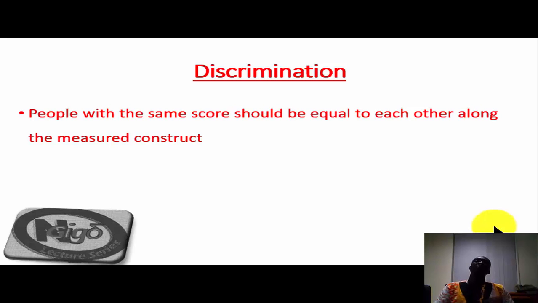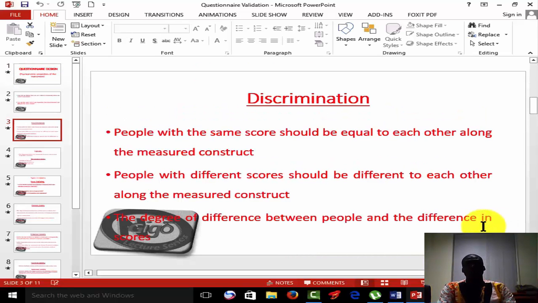Construct. So if you score 50 and another person scored 50, on the ground, your knowledge level should be the same. So we're going to take an example and see how sometimes people can score the same, but their knowledge or their attributes are different.